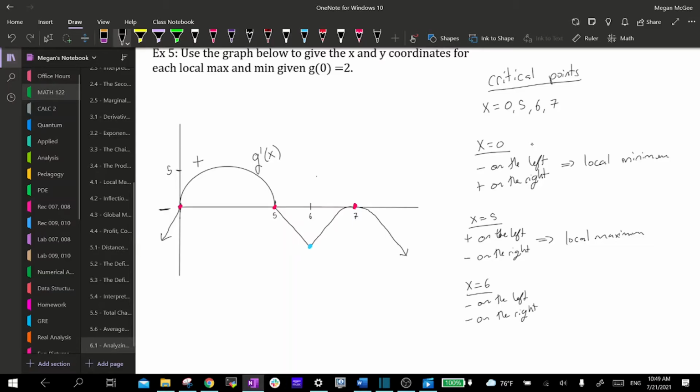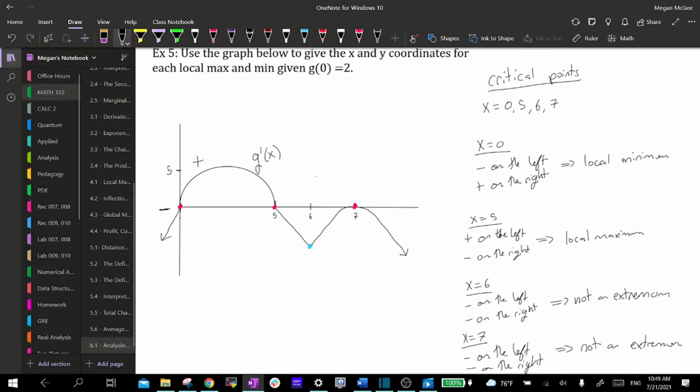So it doesn't matter if we're increasing or decreasing, we're still negative. We're still below the x-axis. So this is not an extremum. And x is equal to 7. Similar deal. We are also negative on the left and negative on the right. So we are also not an extremum.